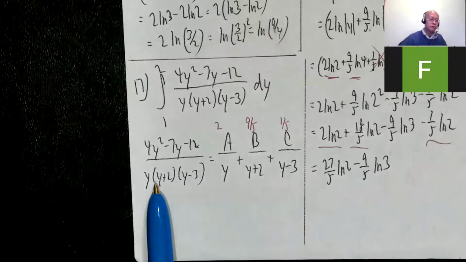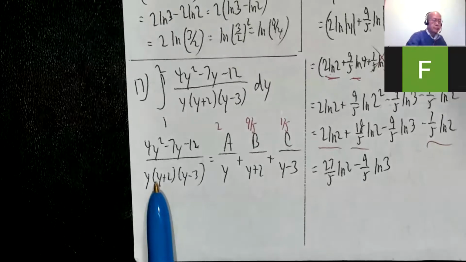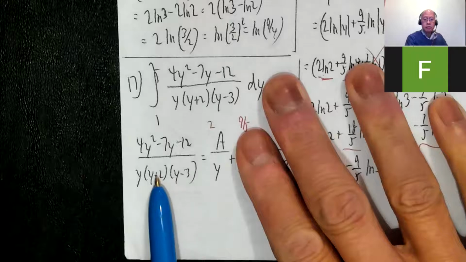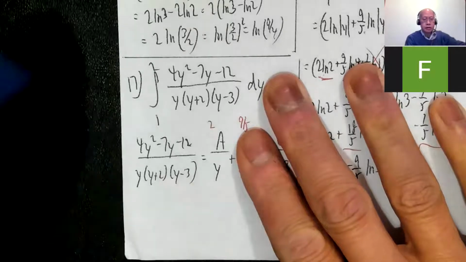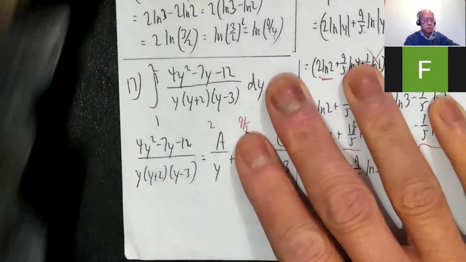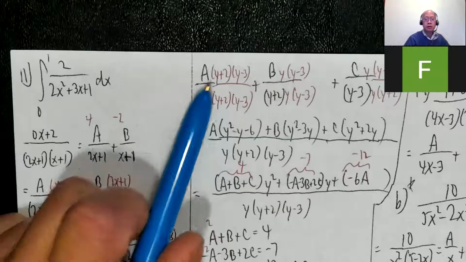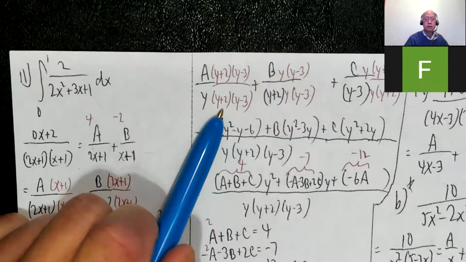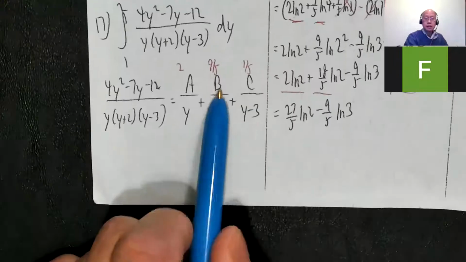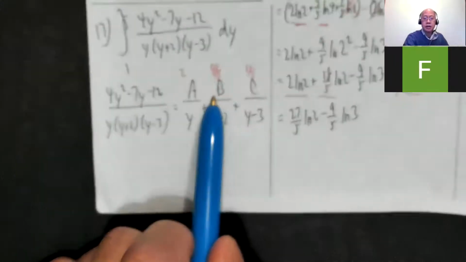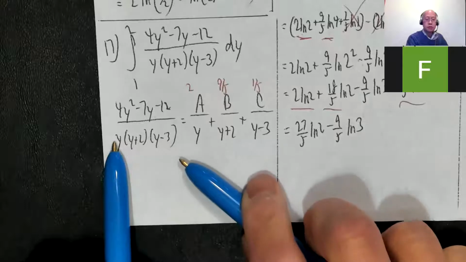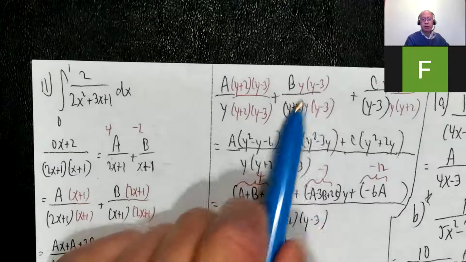Okay. And unfortunately, I have to go up and down this. So this one needs y plus 2, y minus 3. The middle fraction, b over y plus 2, needs these 2, y times y minus 3.